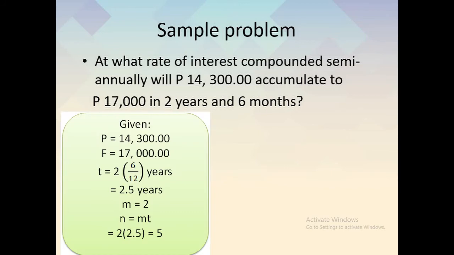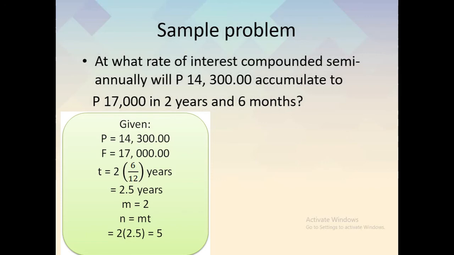Given P, or the principal, is 14,300 pesos, F, or the future value, is 17,000 pesos, and time is equal to 2 and 6 over 12 years, or 2.5 years. m is 2, or the frequency of conversion. n is equal to m times t.